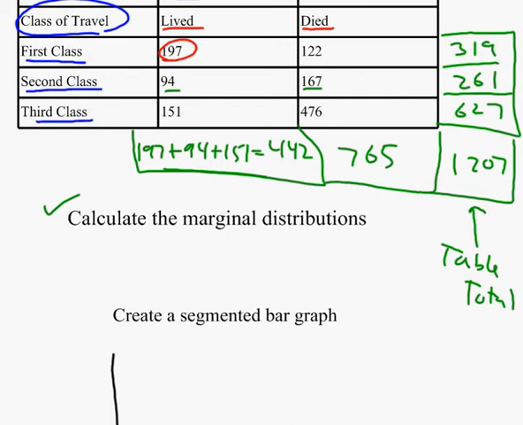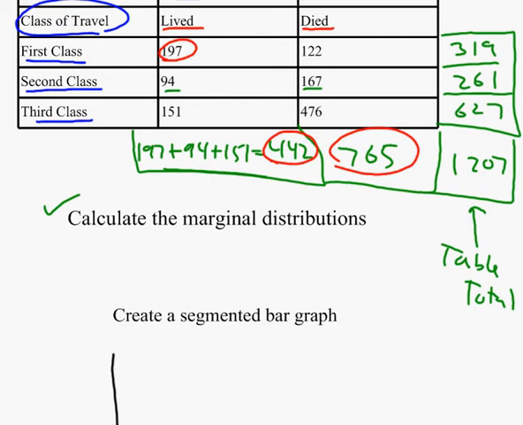You'd have a bar of height 442 for the people who lived and a bar of height 765 for the people who died. So that may or may not be the best way that you want to compare these things. So what you might want to do instead is calculate the percents that go in here. So for example, you might say, hey, of the people who lived, what percent of them were first-class passengers?